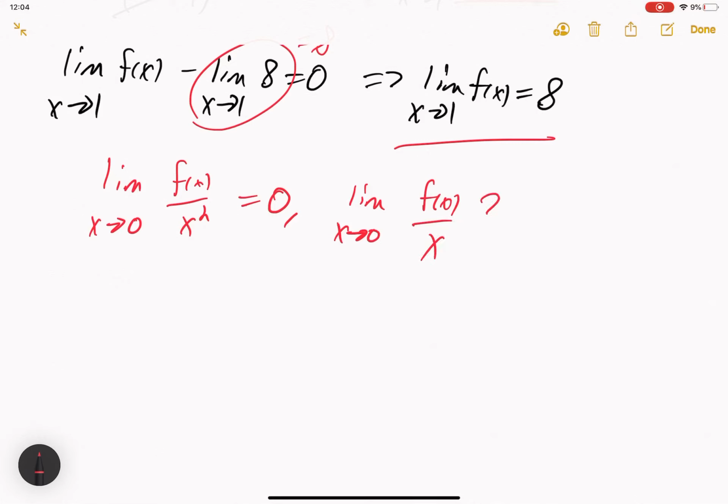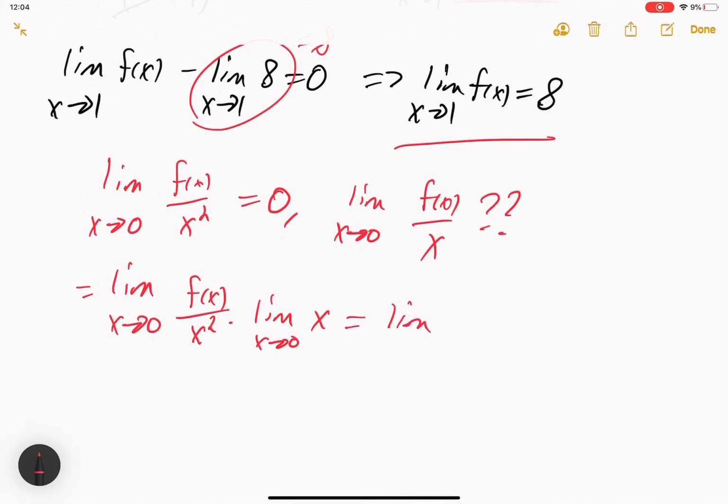This is equal to the limit as x goes to 0 of f(x) over x squared times the limit as x goes to 0 of x. Basically just use the same idea as before. This will equal the limit as x goes to 0 of f(x) over x squared times x.